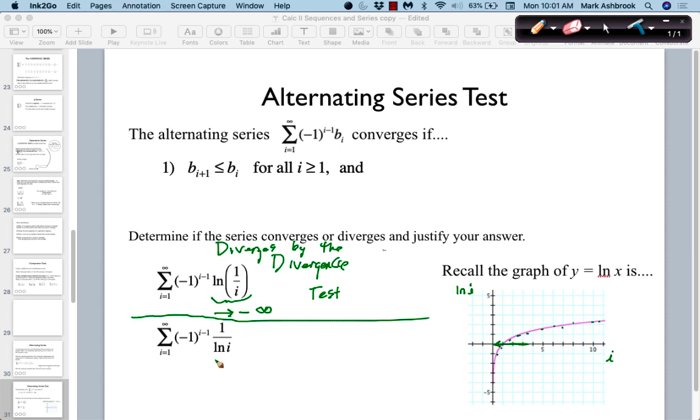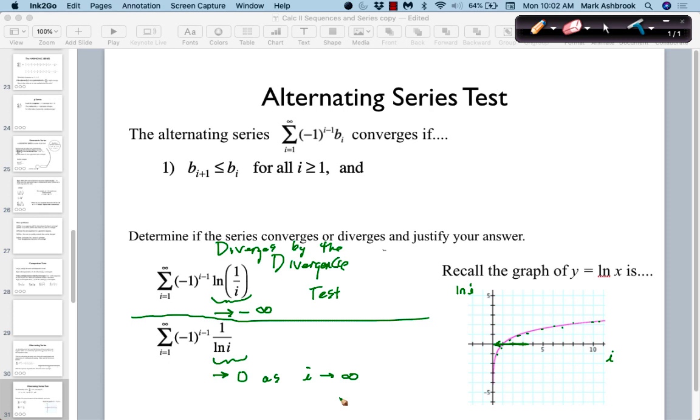Okay, so the limit is? As I gets really big, this thing goes to 0. Does it decrease to 0? Yeah, these numbers are getting larger, right? The denominator is getting larger, so the whole fraction is getting smaller, and that's going to approach 0 as I goes to infinity.